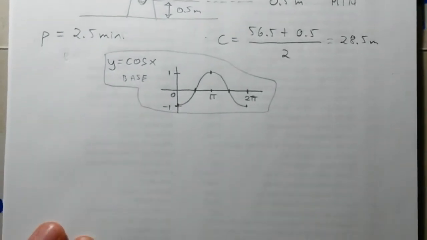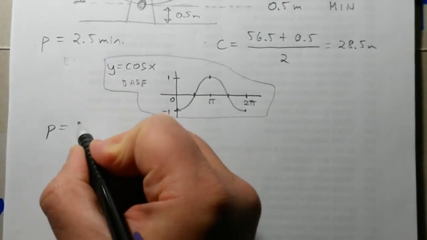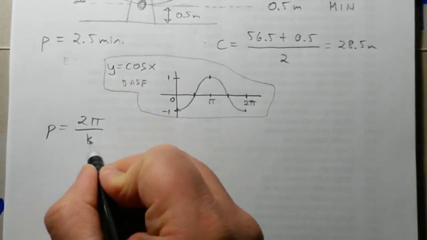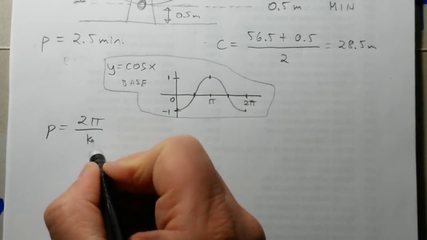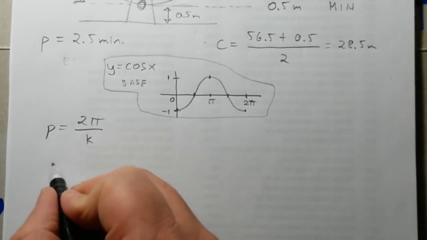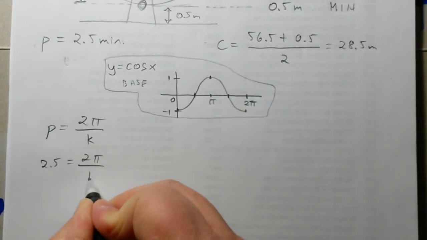So just quickly, if the period is equal to 2 pi over k, then let's substitute p, which is 2.5, equals 2 pi over k.